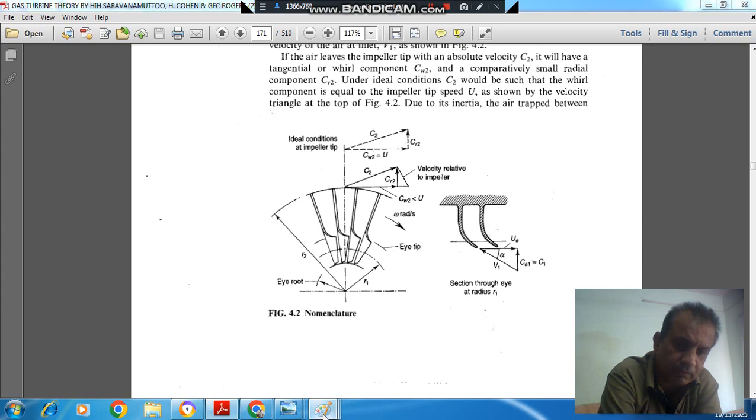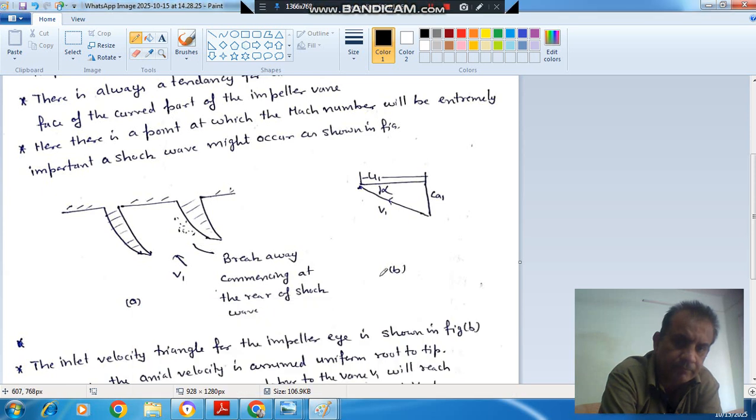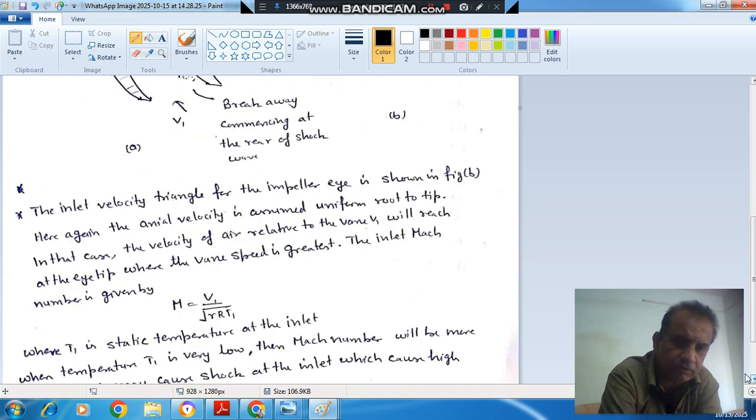So there are chances that this V1 can create a Mach number more than 1. V1 is your relative velocity. That Mach number, V1 by root gamma RT1, can exceed 1 and can cause shock on the curved portion. Up to that we have studied.